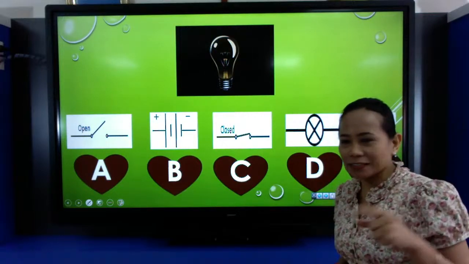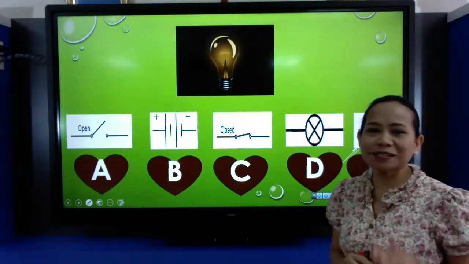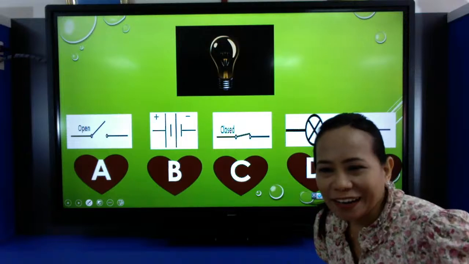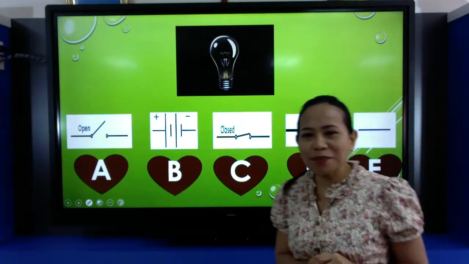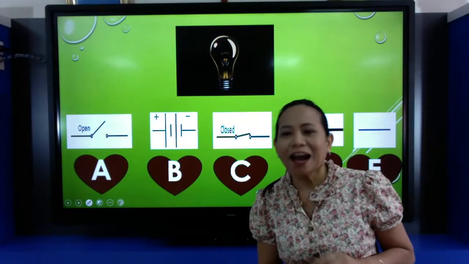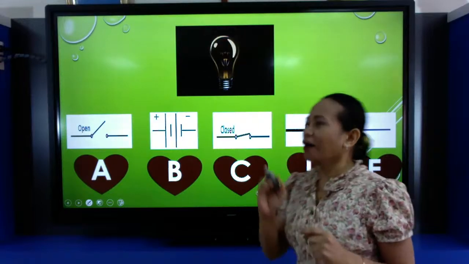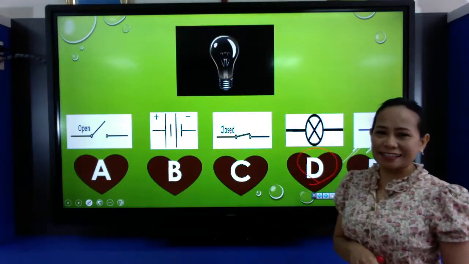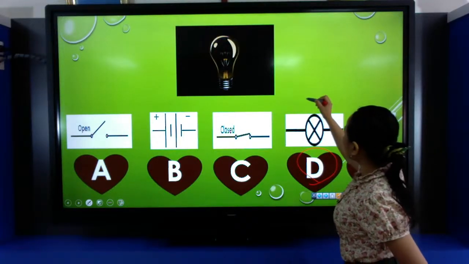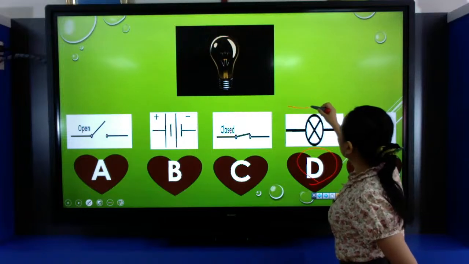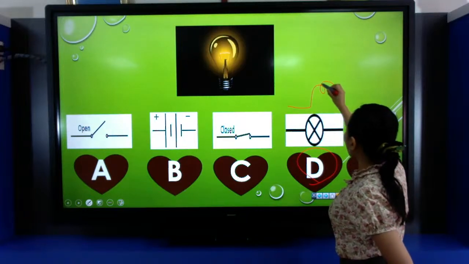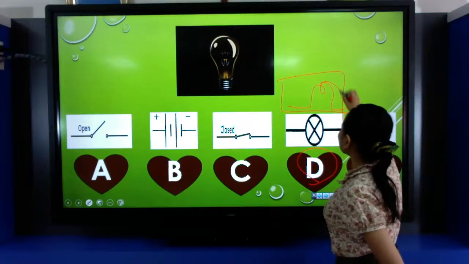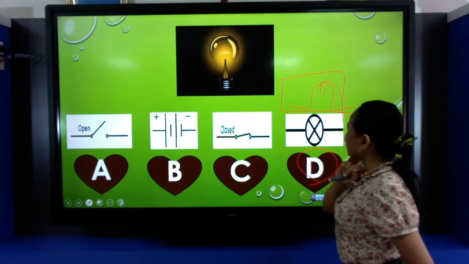Which one here is the symbol of the bulb? 6/5 number 28 said letter D. Correct. The correct answer is letter D. Sometimes they use this one, like this. Teacher's not good in drawing. Sometimes like this, right?